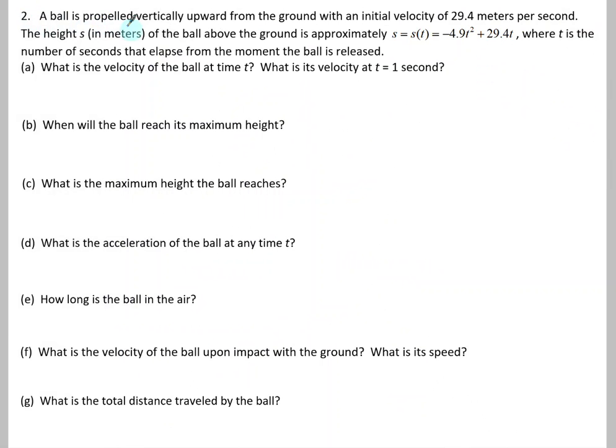A ball is propelled vertically upward from the ground with an initial velocity of 29.4 meters per second.